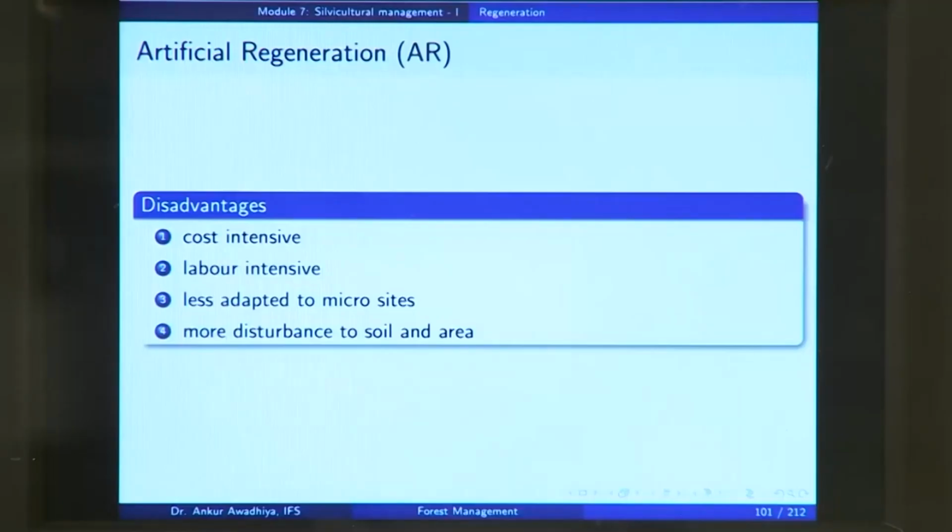Once that is done, you have to dig holes in the ground, you have to make pits, then you put your seedlings there. The planting operation also has to be done manually or by using equipment. So, all of these require time, all of these require labor, all of these require costs. So, it is labor intensive and it is cost intensive.